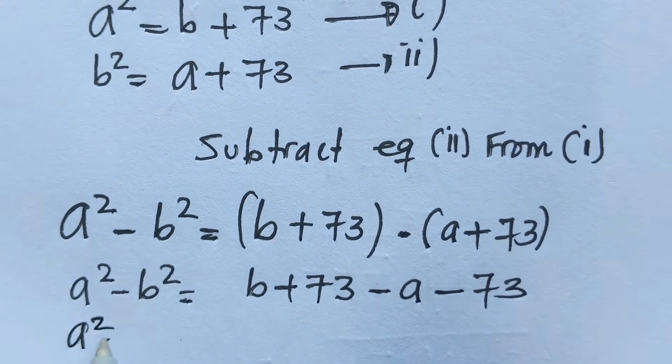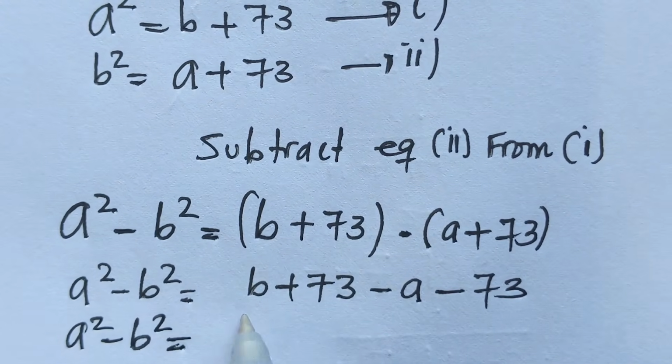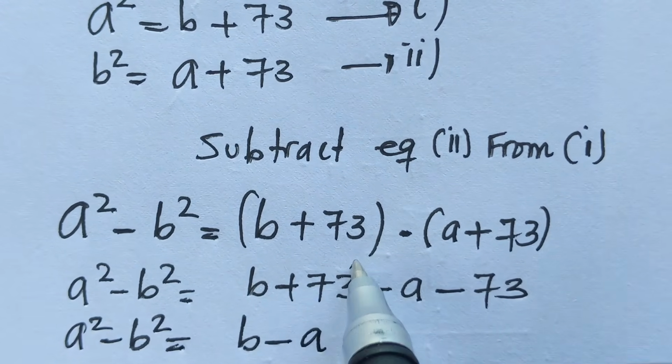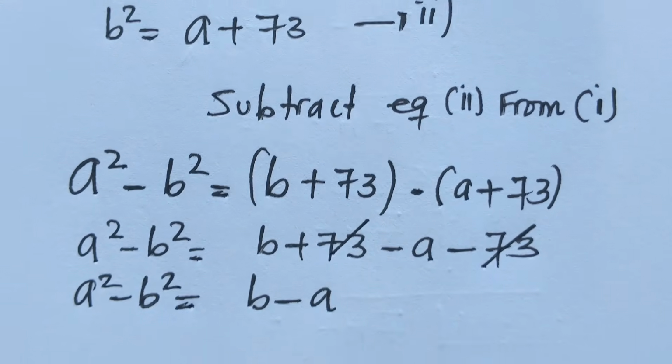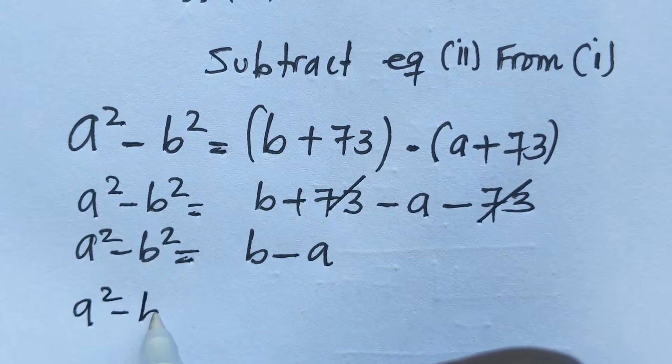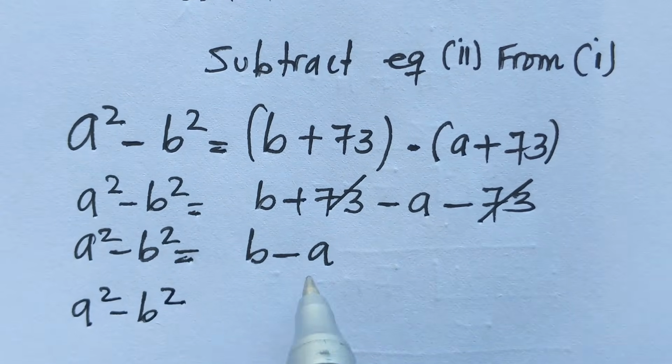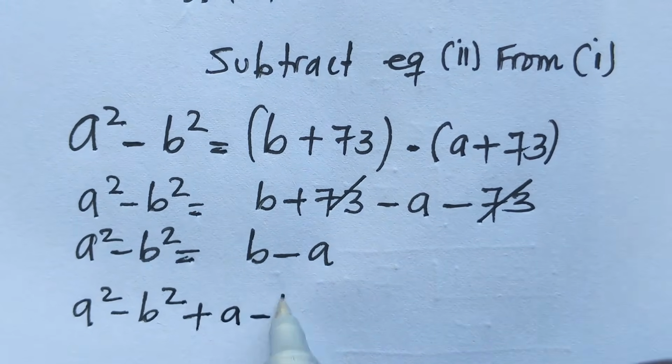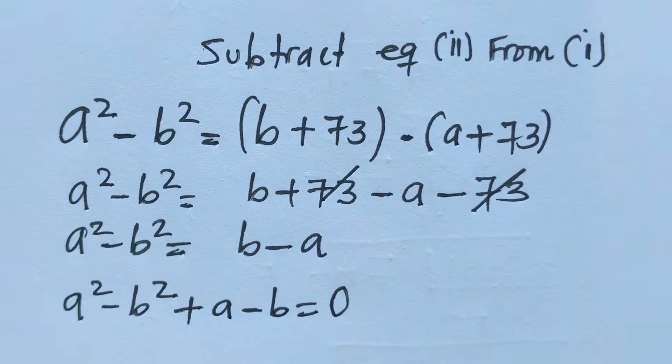Then a squared minus b squared will be b minus a, where the 73s cancel. Then by grouping like terms, a squared minus b squared plus a minus b will be 0.